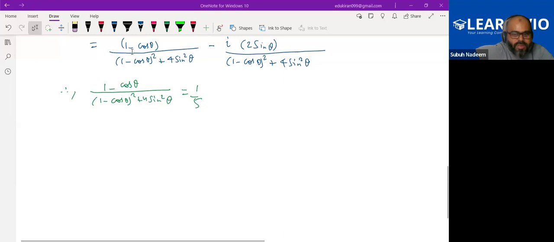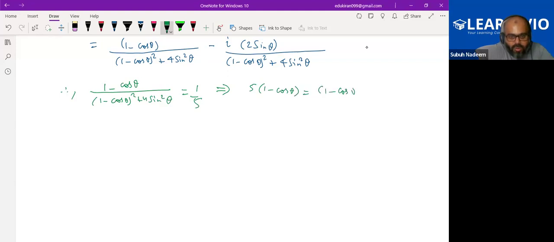So if you proceed here, what will be the value of θ basically? This will become 5 into (1 − cos θ) is equal to (1 − cos θ)² plus 4 sin² θ.